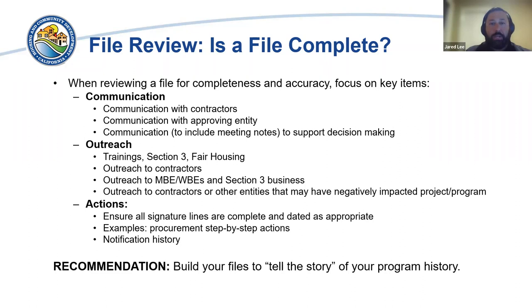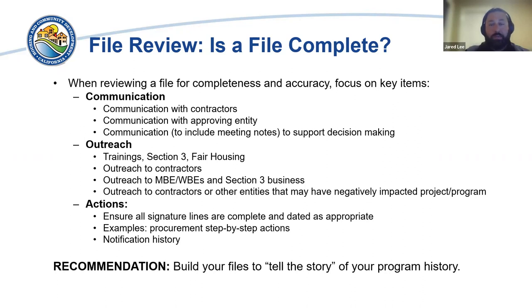And then notification history, right? Those letters, those 1-page notice to proceeds or 1-page award letters to notate that a determination has been made, a decision has been reached. So really that recommendation, right? Build your files to tell the story of your program history.